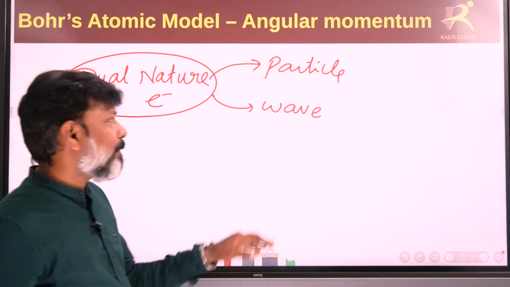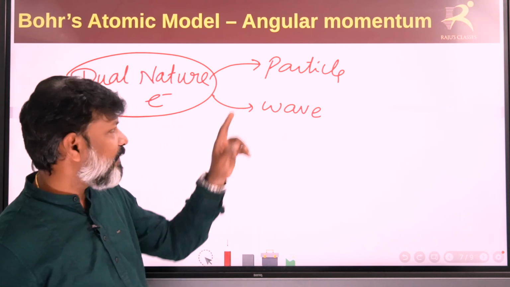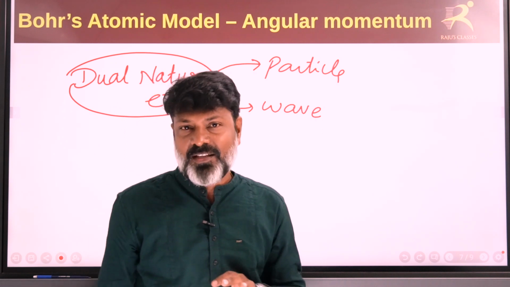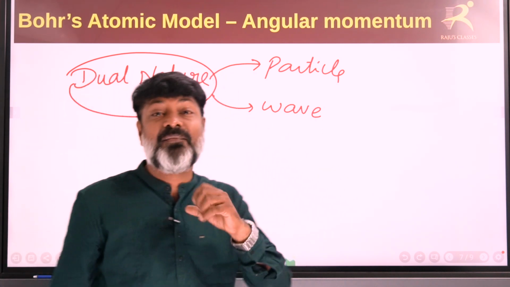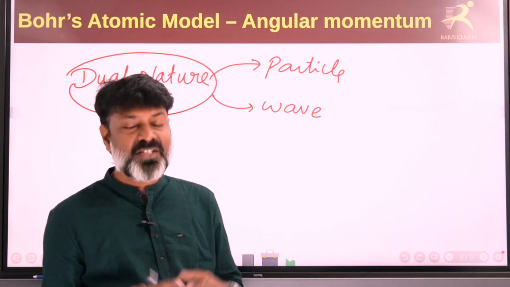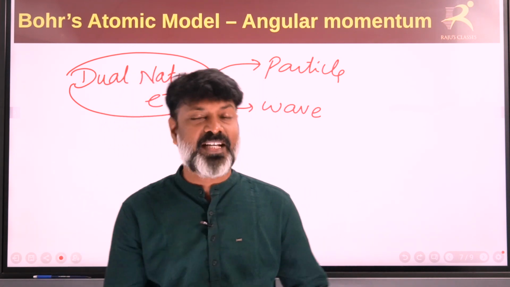Whenever I say particle, obviously the mass comes into the picture. Whenever I say wave, the wavelength comes into the picture. So how to relate these two? Based on this, we can get the same relation once again.